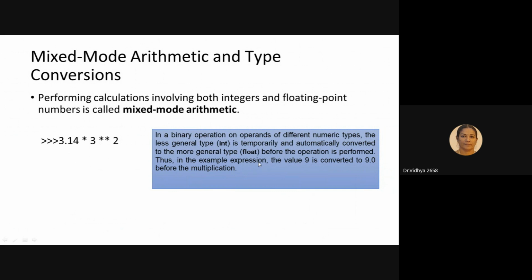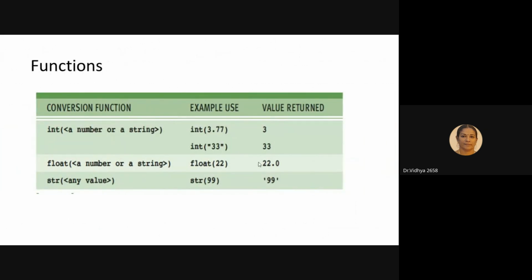Then the next one is the conversion functions. The conversion functions involve integer conversion, float conversion, as well as string conversion. For integer conversion, the given number or string is converted to an integer, and we get a return value of 3.